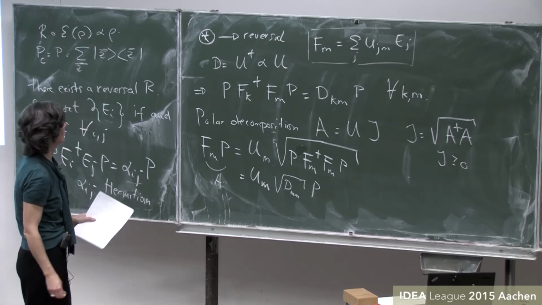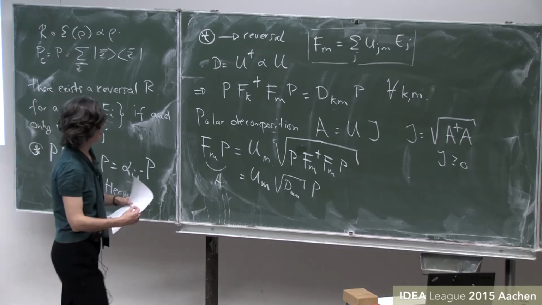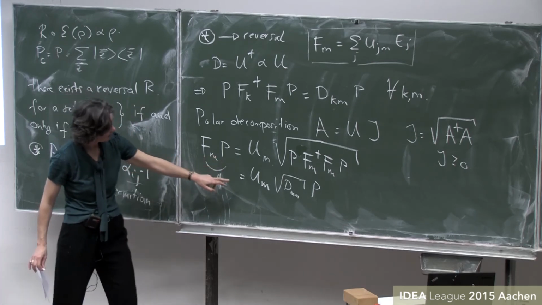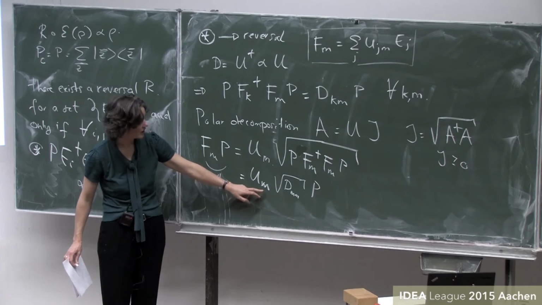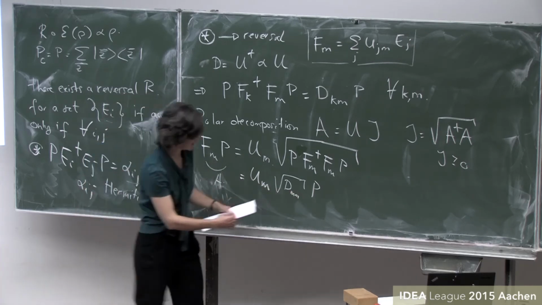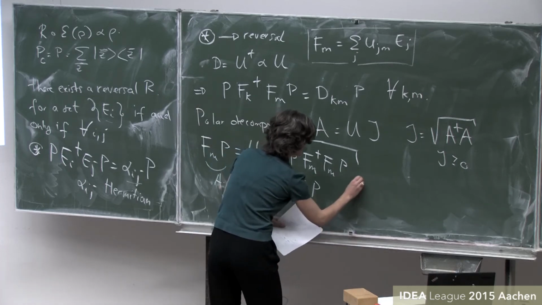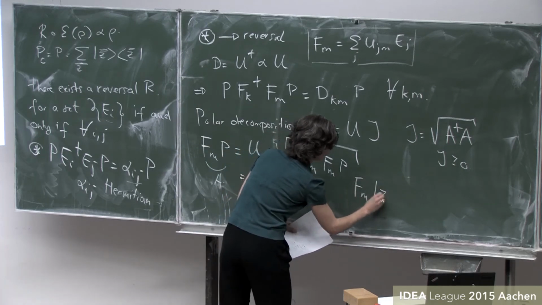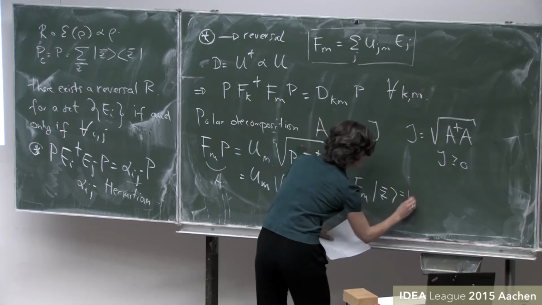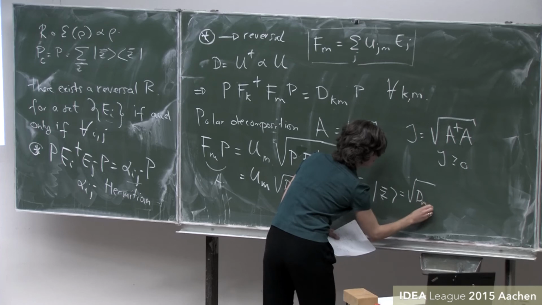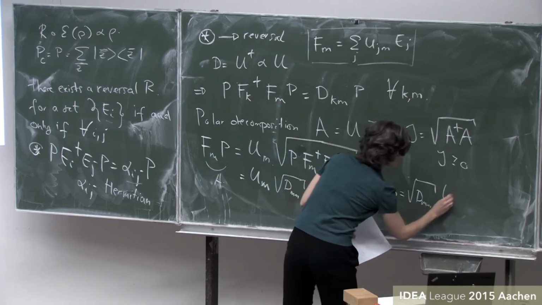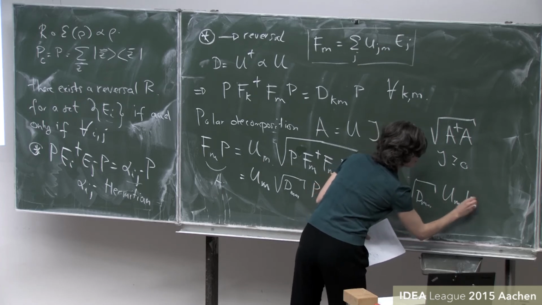Okay, so what does this mean? It means F_m on P is proportional to a unitary matrix on P. So basically, you can write this as F_m acting on a code word. What does it do? It acts as some prefactor times a unitary matrix.